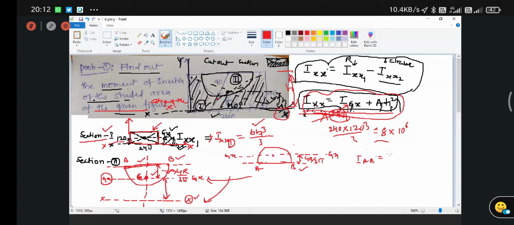Why? Because IAB, about the base axis, is equal to the centroidal moment of inertia plus area times the square of the distance between those two parallel axes.